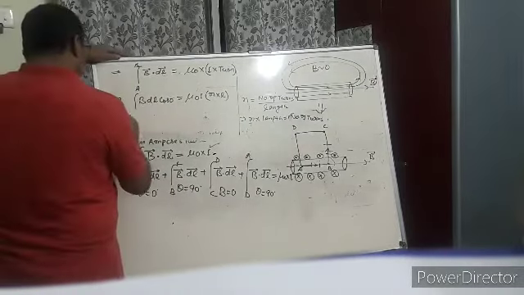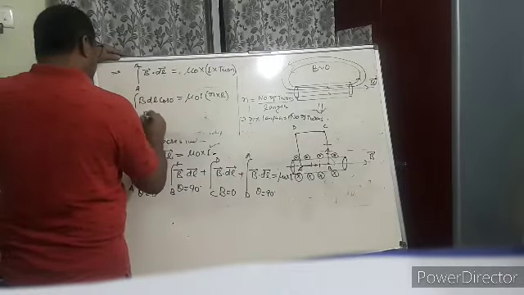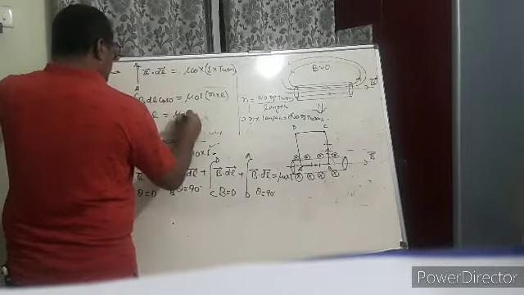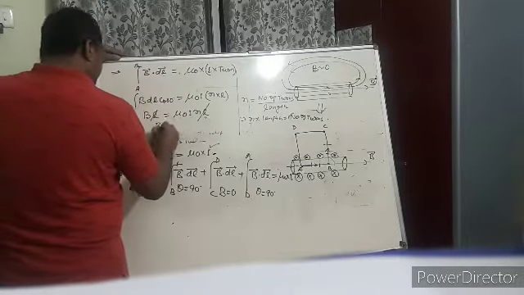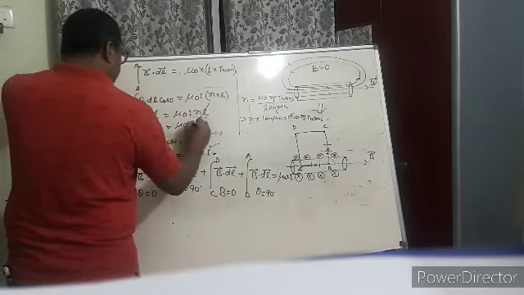Now this will be B L equal to mu naught I n L, L will cancel, then B will be equal to mu naught n I.